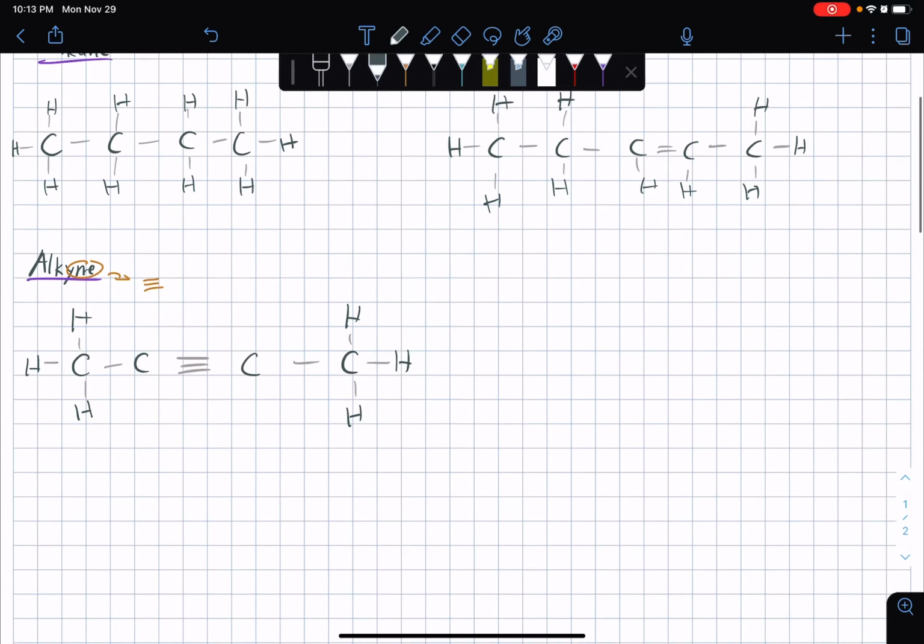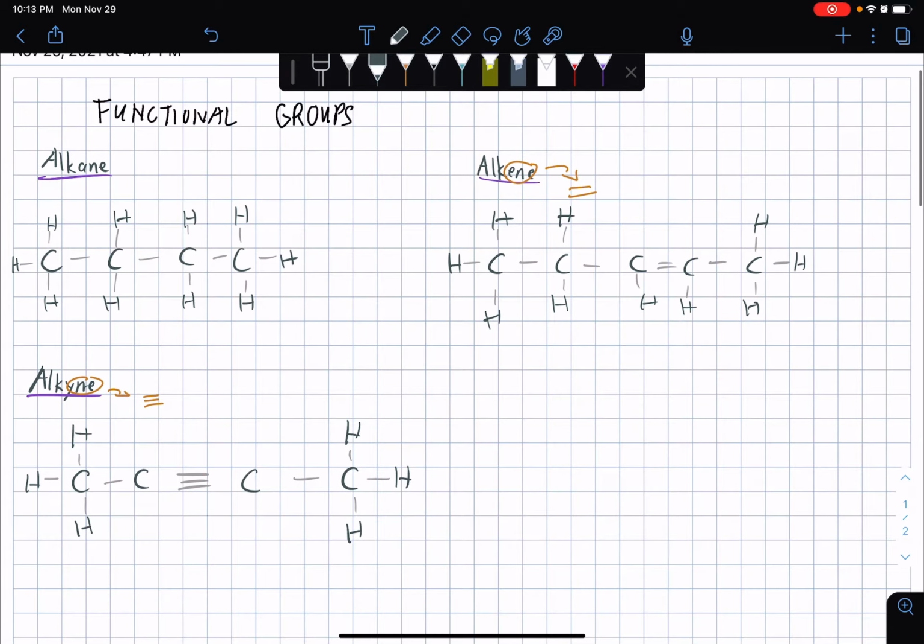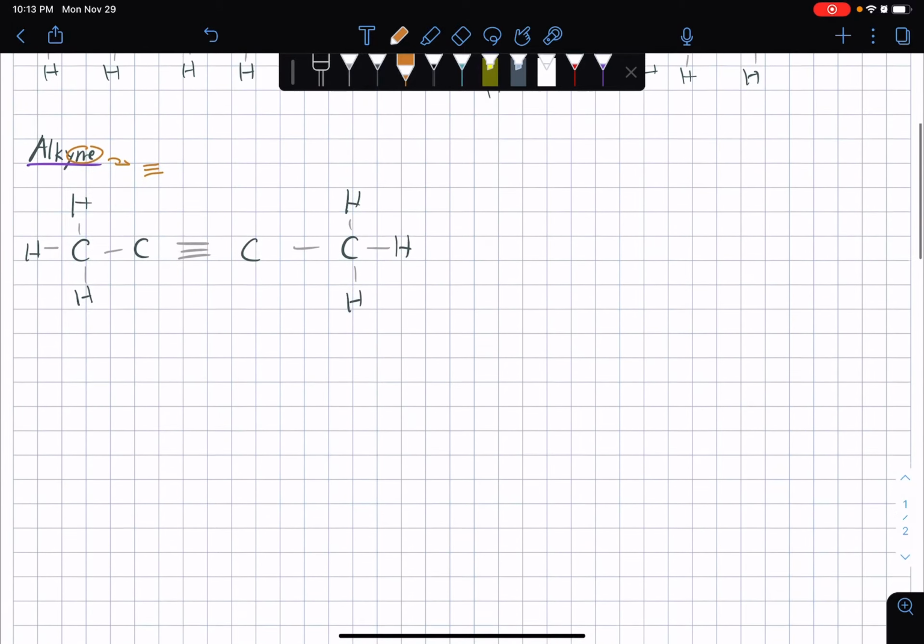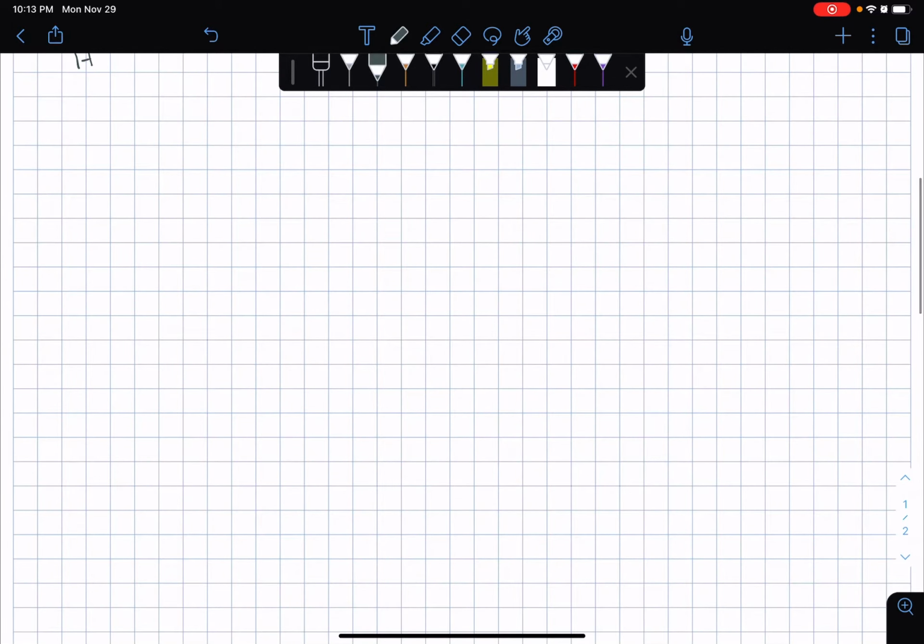But anyways, this is everything that we have to remember for alkane, alkene, and alkyne. We have to note ANE, ENE, and YNE. Those suffixes will be tackled later in the video. Let's move to the next chapter.